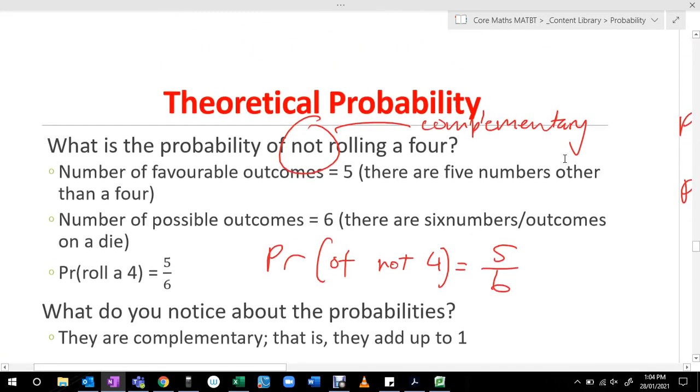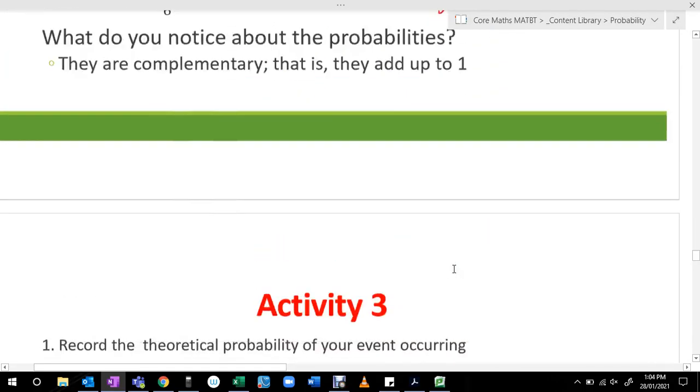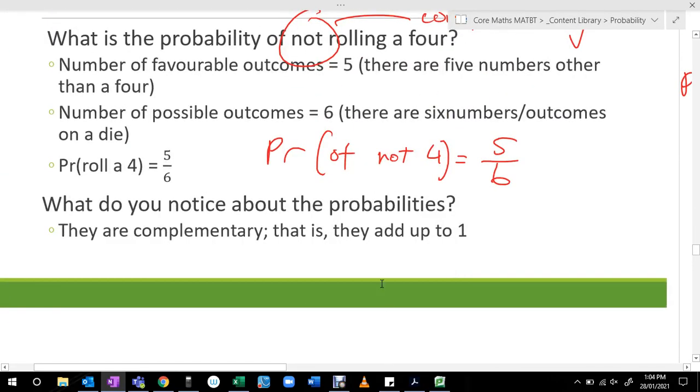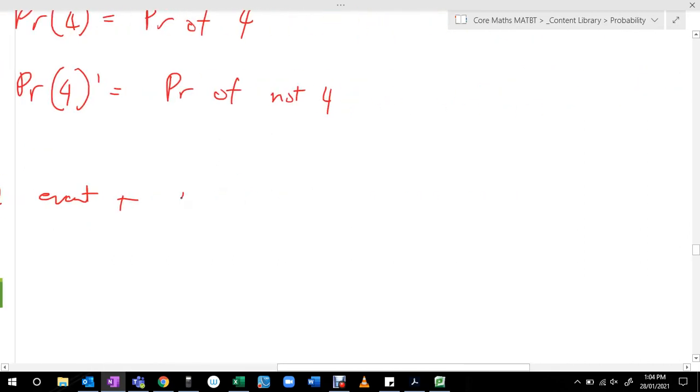And what you notice as well is when you look at the event and its complementary, they always add up to 1. So think of this as desired event plus the complementary is always going to equal 1 when you add them together.